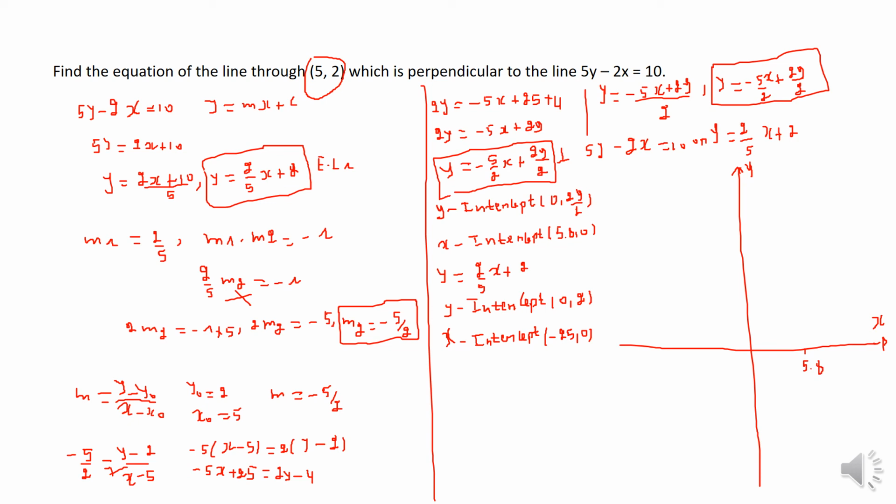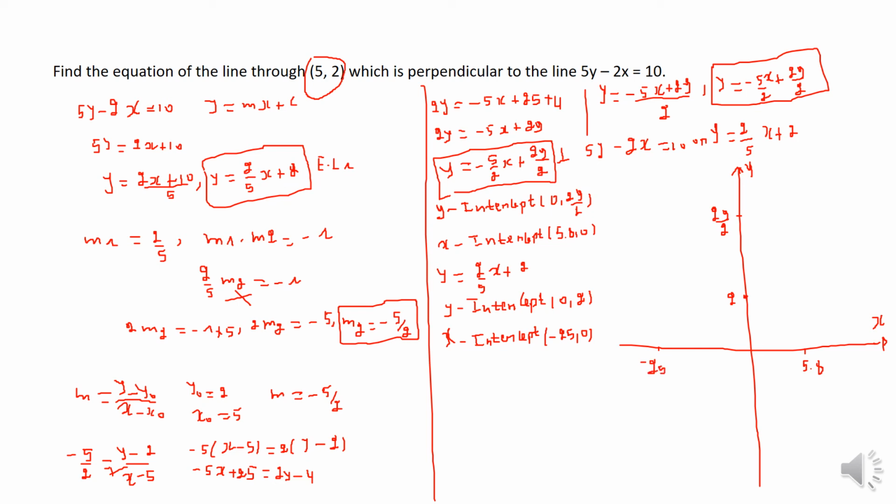Another point you have is 29 over 2, it is here. Another point you have is 0 and 2, it is here. Another point you have is negative 25. Let us put negative 25 here.